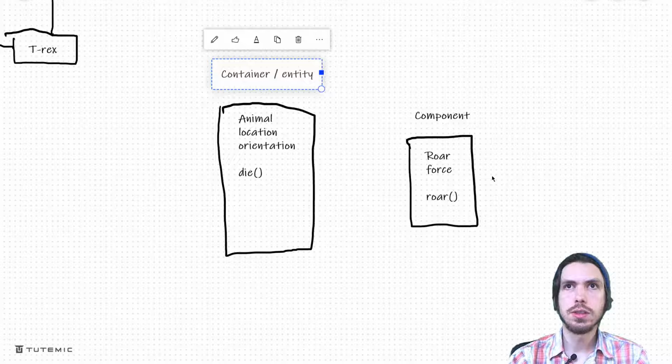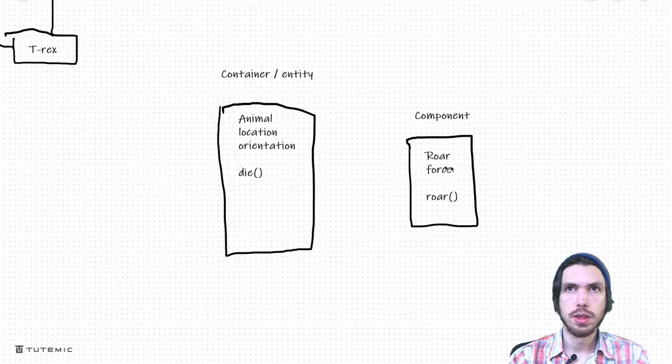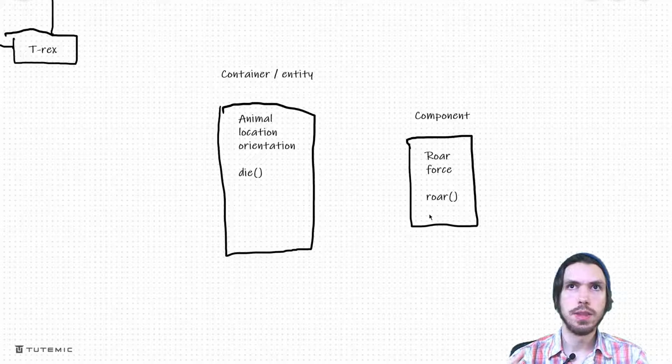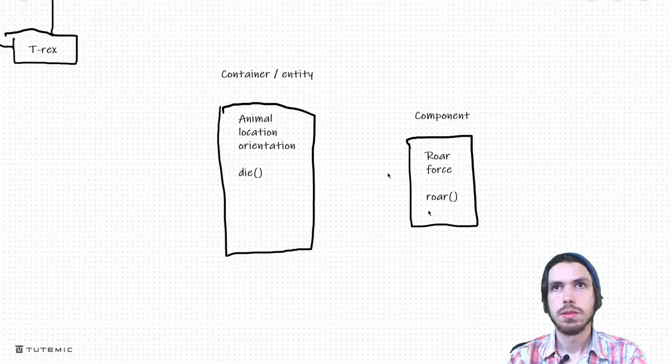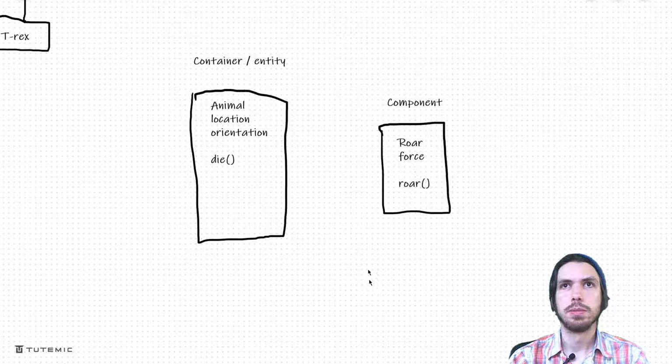And a component is also an object. It's a class, like the roar class. But instead of it deriving from animal, we're creating an instance of that roar class, and we're referring to it inside of our container, and that's how we solve that problem.